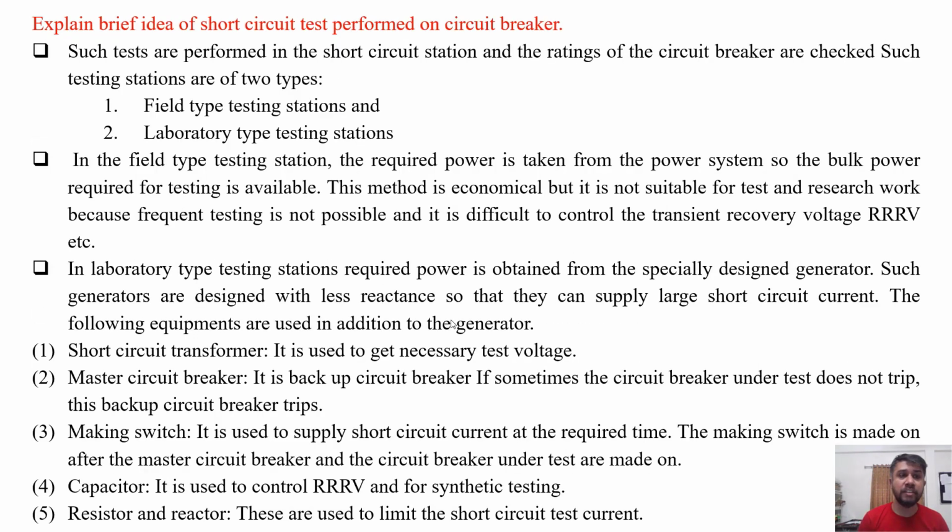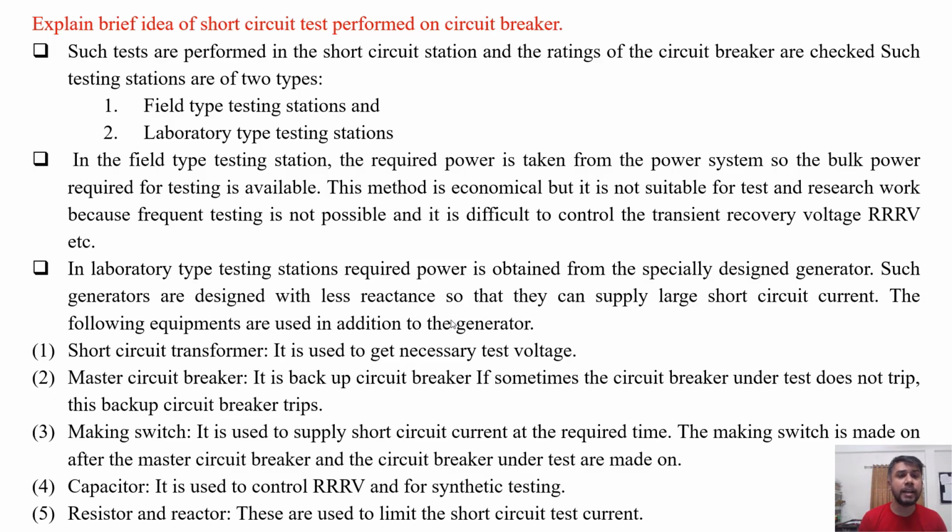Explain the brief idea of short circuit test performed on circuit breaker. Such tests are performed in the short circuit station and the ratings of the circuit breaker are checked. Such testing stations are of two types: field type testing stations and laboratory type testing stations.